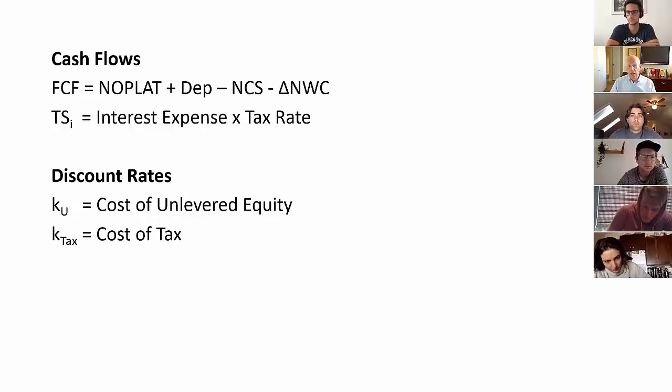Well, Peter's going to have a lot of interest expense, right? Peter's going to end up having less net income because he's got a lot of interest expense. But we have to think about that cash flow that he's got as a function of the tax shield, which is the interest expense he's paying times the tax rate.